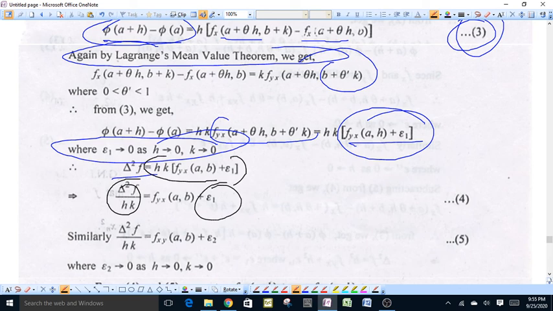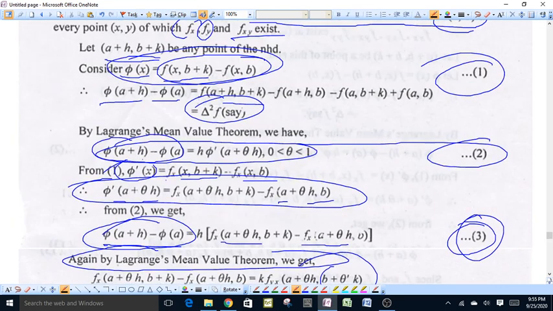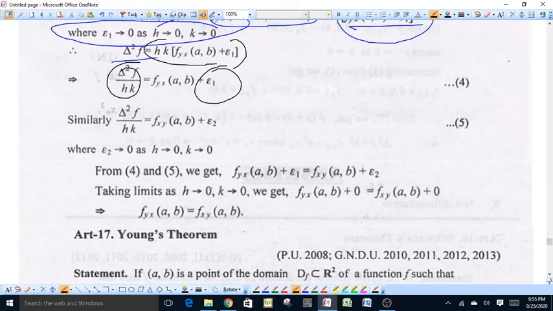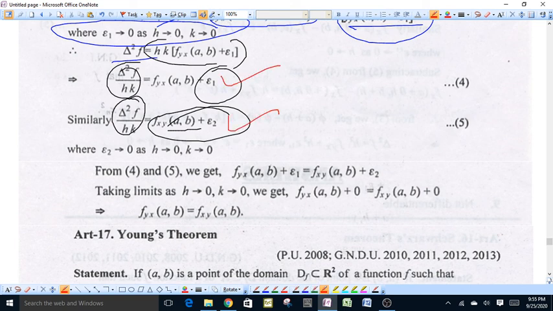Similarly, the first equation can be written as delta square f upon h k will be equal to f xy at (a,b) plus epsilon 2, where epsilon 1 and epsilon 2 approach 0 as h and k approach 0.